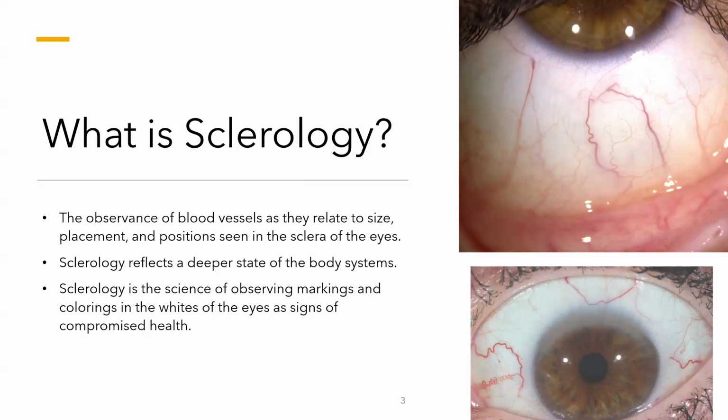But that ending is showing us great detail. And when we are iridologists, and that's what we use, is the vessel that's closest to the iris, we are still spot on with what we're seeing. We are very much on target. So sclerology will accompany iridology.